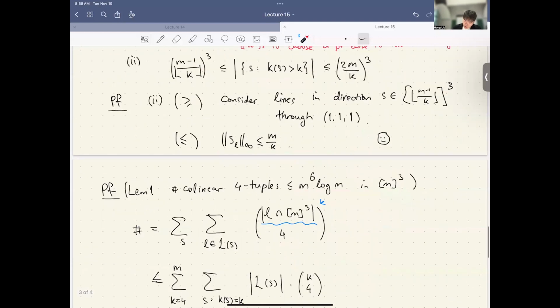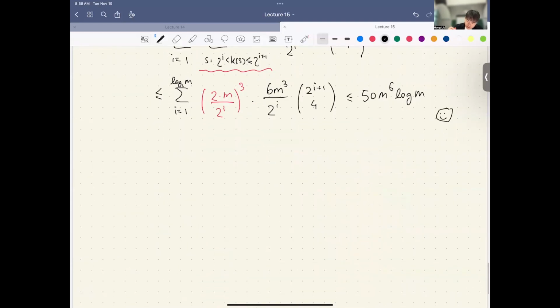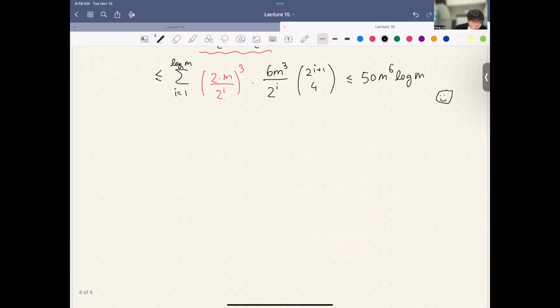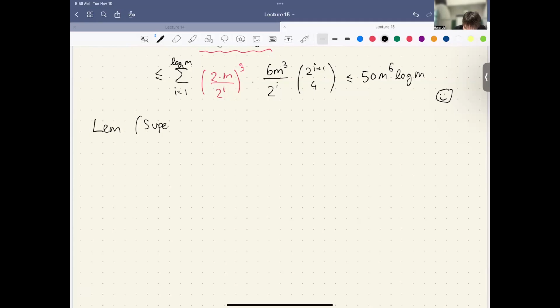So the supersaturation statement that we need is the following. Lemma, supersaturation for collinear triples.